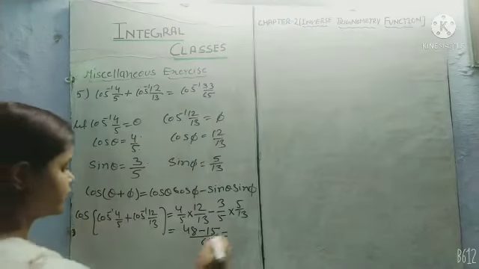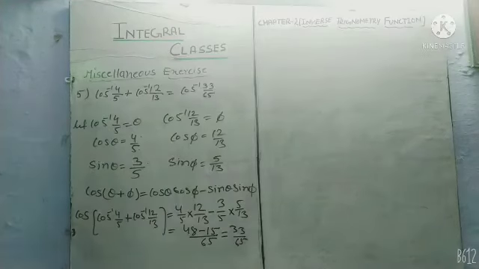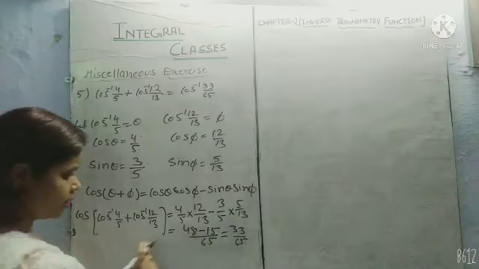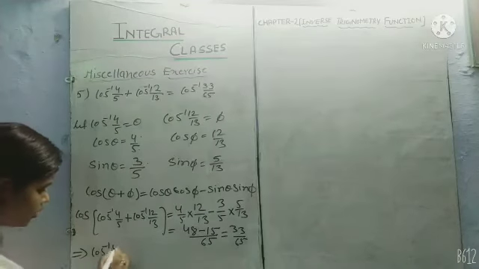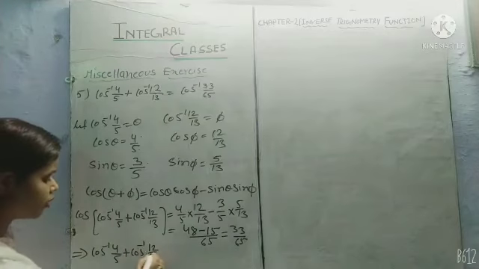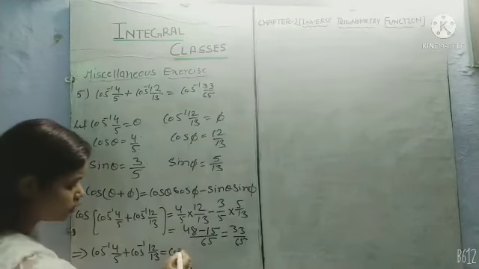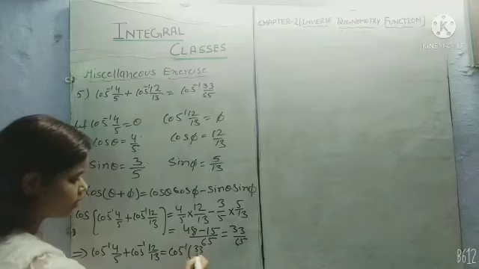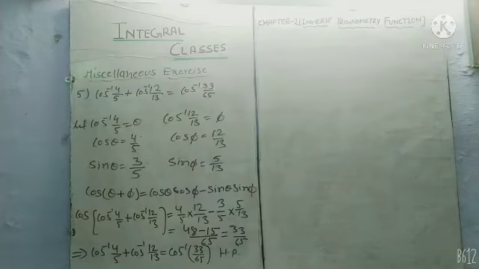Then we will subtract and get 33 upon 65. If cos goes to other side, then it will become inverse. So answer is we will get cos inverse 4 by 5 plus cos inverse 12 upon 13 equal to cos inverse 33 upon 65, and prove left hand side equal to right hand side.